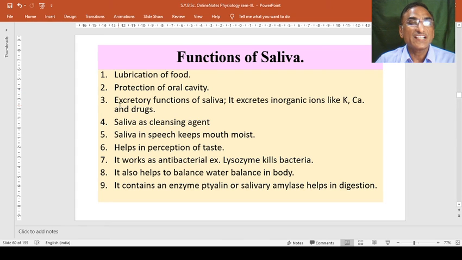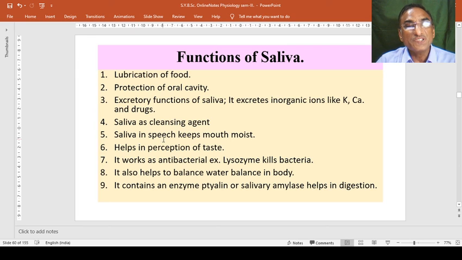Then the excretory functions of saliva: it excretes inorganic ions like potassium, calcium, and some drugs, which are released in saliva. Saliva also acts as a cleansing agent. It cleans the mouth, it cleans the bacteria, it works as an antibacterial, and it also kills germs and other materials.